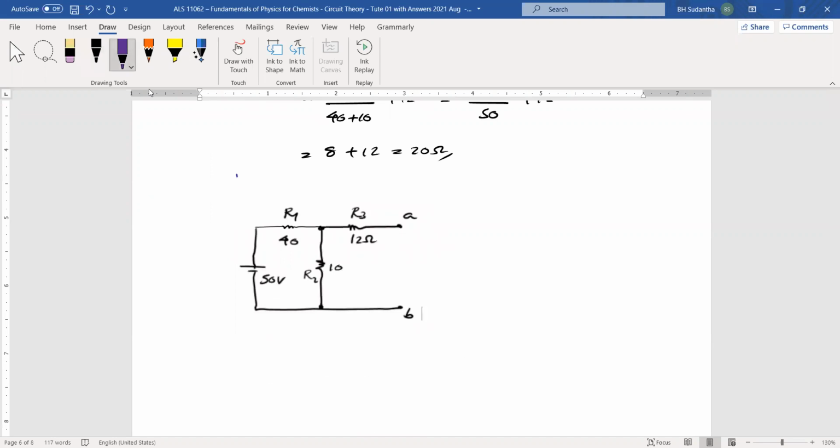Then we can find VTH. To find VTH, what we want to do is find the open circuit voltage across this point, VAB, that is VTH.